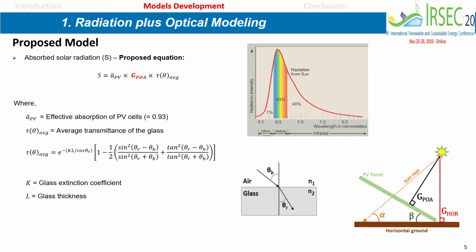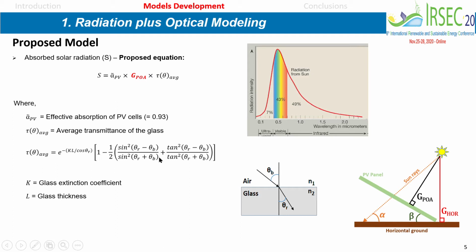So now, for the first part, this is radiation plus optical modeling. We proposed some time ago a simple model to compute the absorbed solar radiation, which is given by this relationship here, S, as a function of the global measured radiation, which is plane of array in this case, and of course weighed by these two parameters, which are the effective absorption of the PV cells and the average transmittance of the glass.